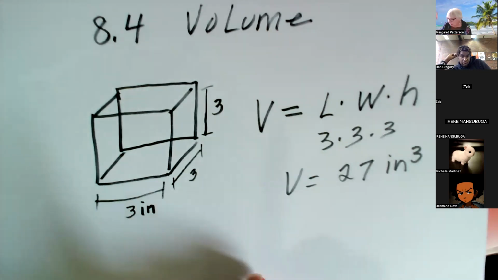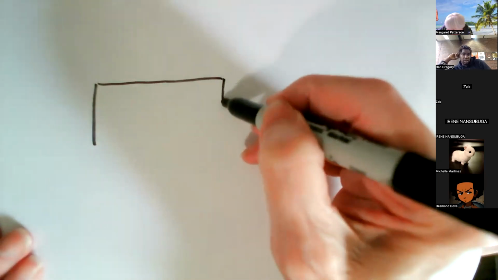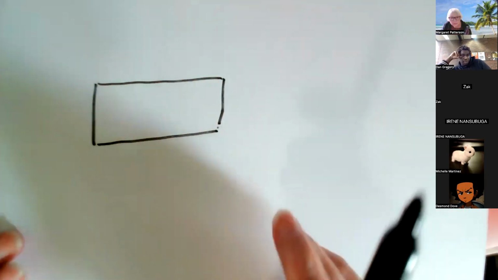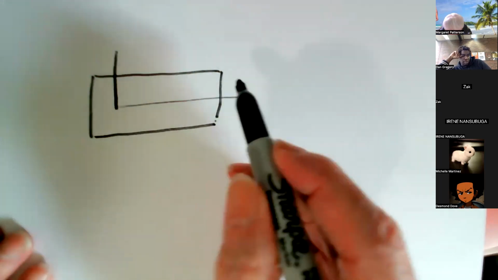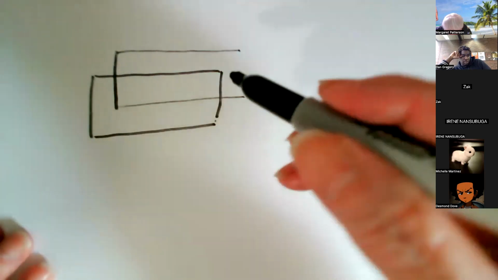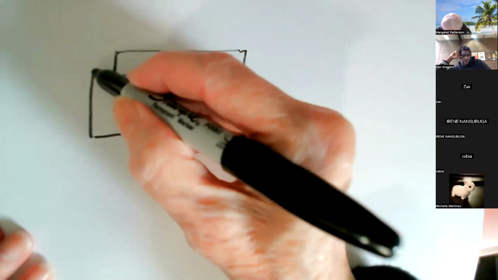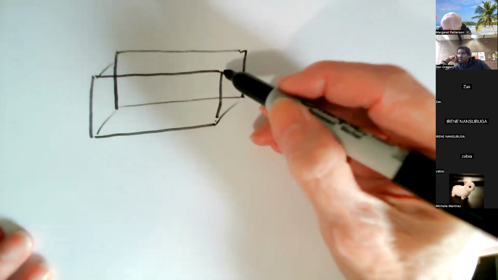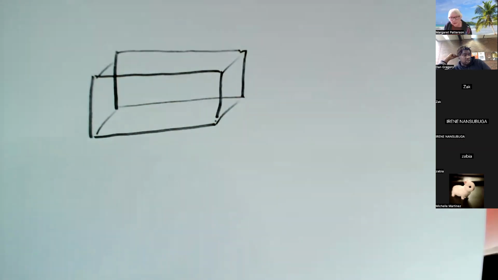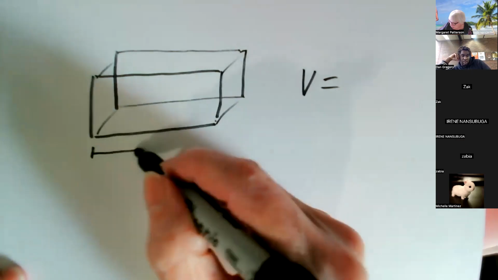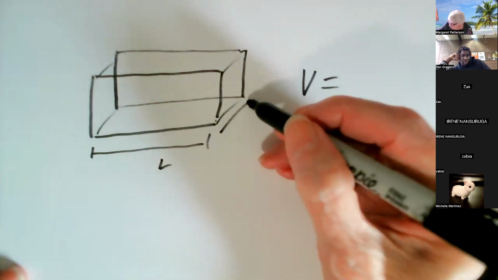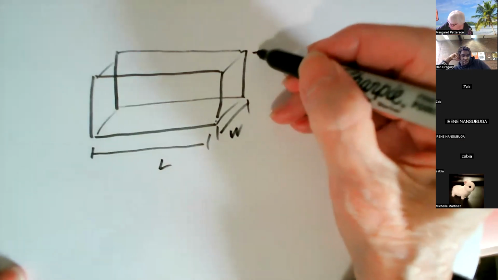Now, let's say it was a rectangle to begin with. And now I'm going to turn it into 3 dimensions. Can you see it 3-dimensional, the way I drew it? So the volume would be the length, the width, and the height.